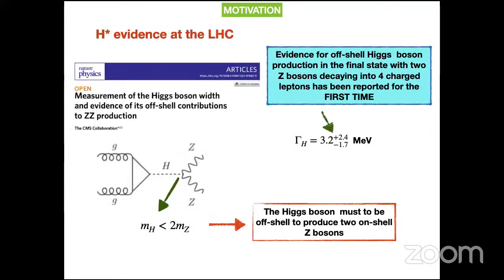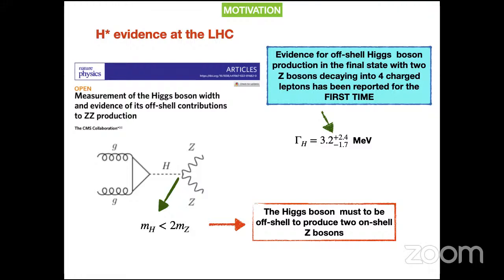Well, this year, very recently, the CMS collaboration reported for the first time the evidence of an off-shell Higgs boson. This off-shell Higgs boson is supposed to decay into two real Z bosons, which decay into leptons.